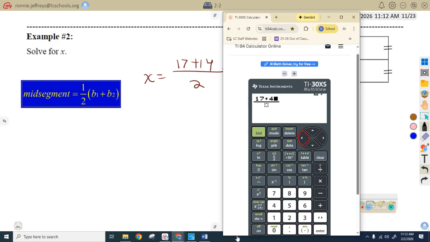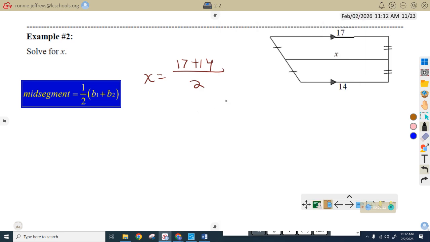Oh my gosh, how many times am I going to type in stuff wrong? All right, so it's 31 over 2 or 15.5.